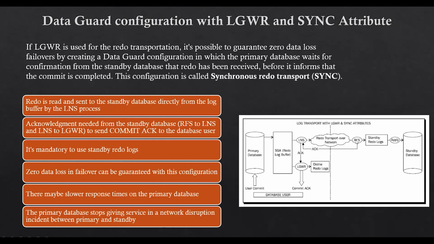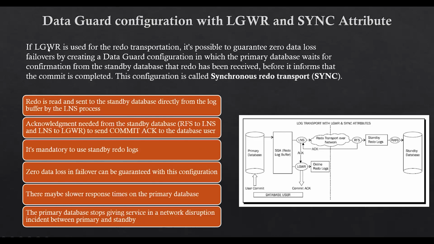Then the RFS process will receive those and write those changes to the standby redo logs, and then it will send the acknowledgement back to the LNS. Then the LNS process will acknowledge to the LGWR. Then LGWR sends the commit acknowledgement to the end user, the database user. So it is like a cyclic acknowledgement from the primary side to the standby side, and from the standby side back to the primary side.